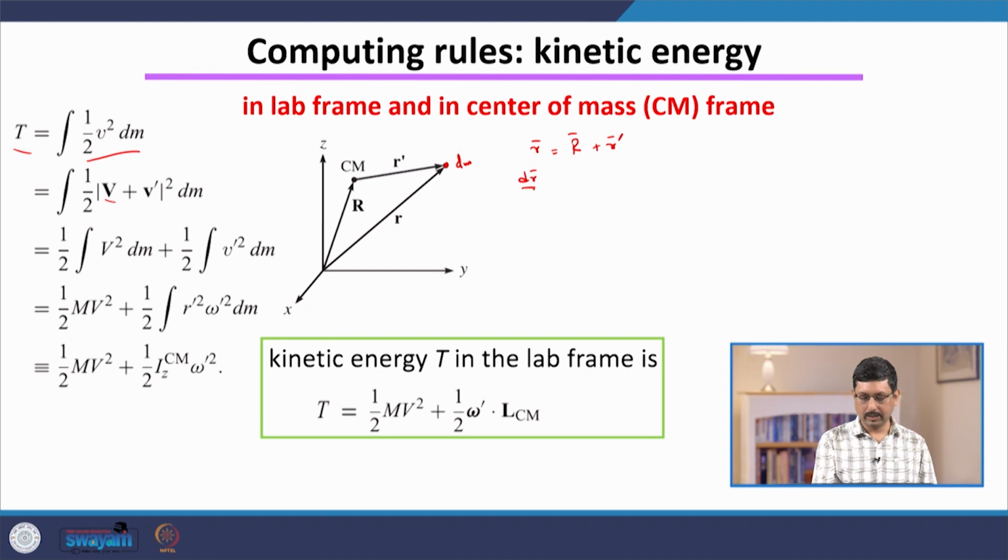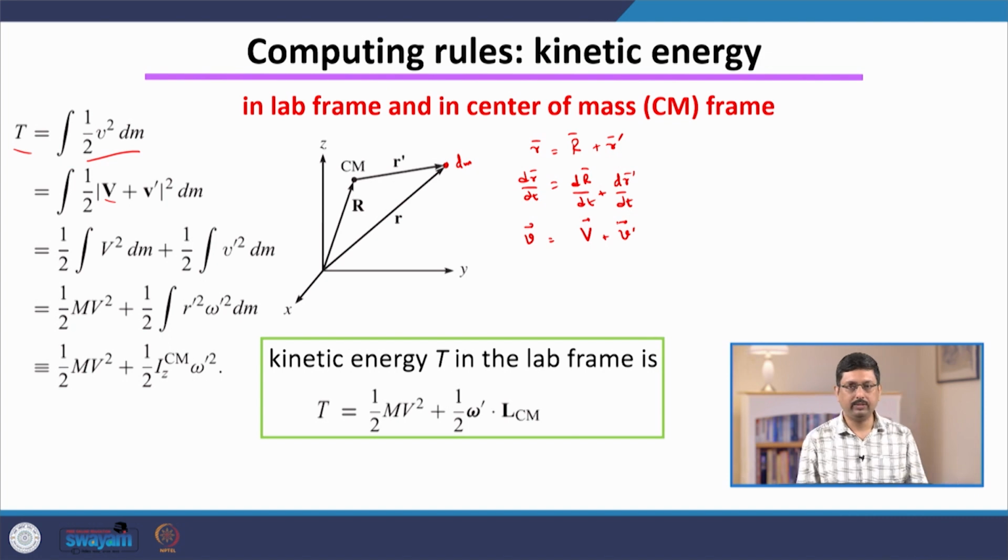If I take all the derivatives in the lab frame, this is our v, and this is capital V, which is the velocity of the center of mass, and this is v prime, which is the velocity of the point with respect to the center of mass. So, then our v squared is (V plus v prime) squared.